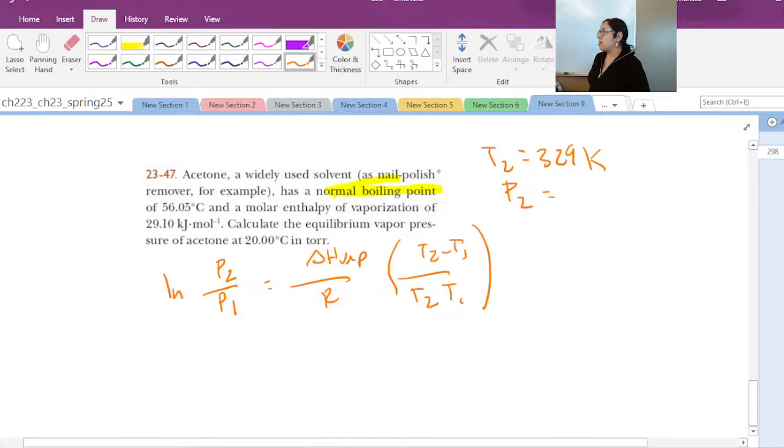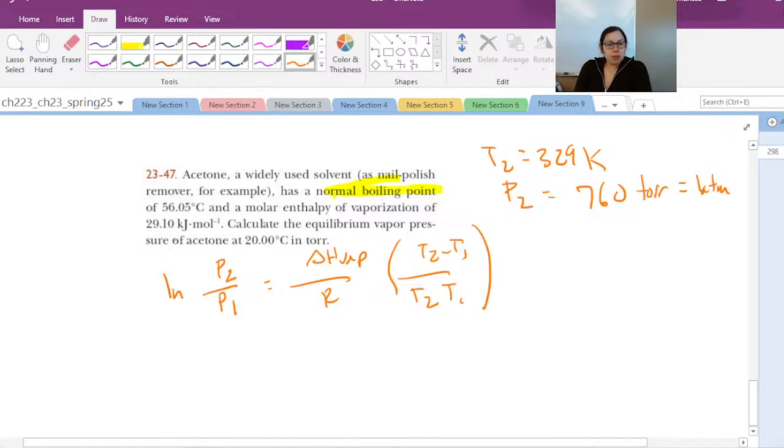Yeah, so 1 ATM, right? Since it wants it in torr, I went ahead and just went with torr. It doesn't matter as long as your pressure units are the same. So 1 would be appropriate, and then just convert to torr since it was asking you in torr. But just as long as it's normal boiling point. So that was just a definition.